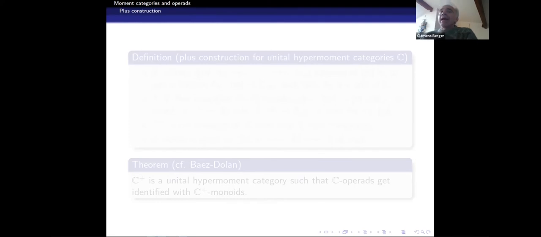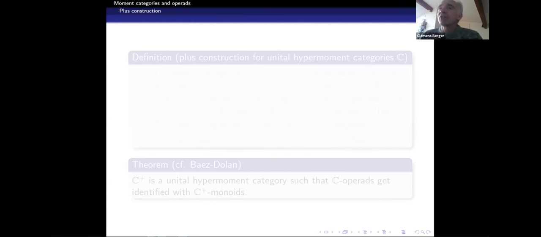And these two ways of defining infinity operads is precisely the relationship between gamma operads and omega monoids. And it's interesting that this kind of relationship has been worked out to some extent in the context of colored operads by John Baez and James Dolan. And they call it the plus construction.